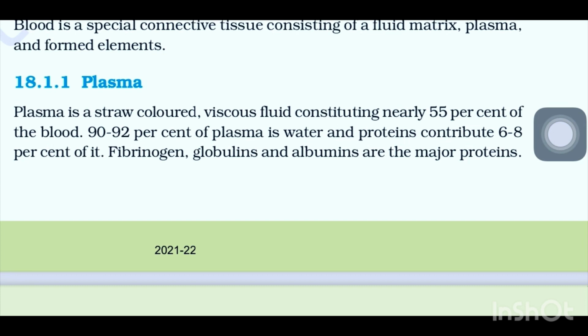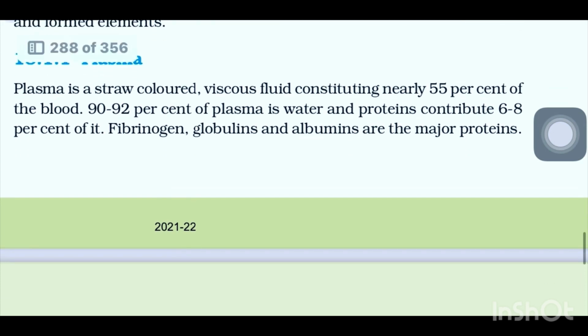That is your fibrinogen, which is a coagulating factor. We know how important coagulation is. Yes, coagulation prevents the loss of blood from our body. So fibrinogen, globulin, and albumin are the major proteins among the 6 to 8% of proteins present.